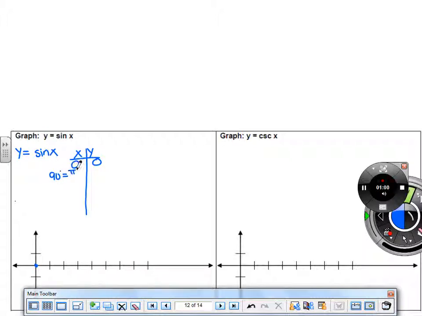but we're going to talk about it in radians. So at pi over 2, it went up to 1. I'm going to go ahead and label this pi over 4, and then this one pi over 2. So if I shift by fourths, I have some marks in between.